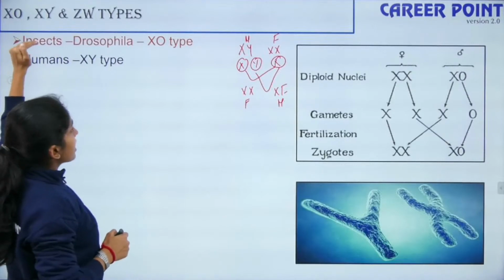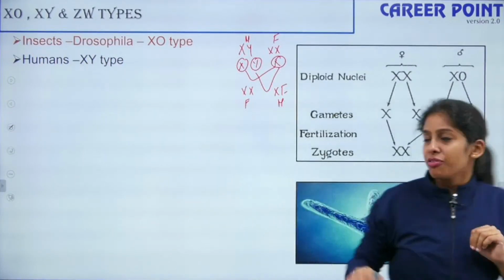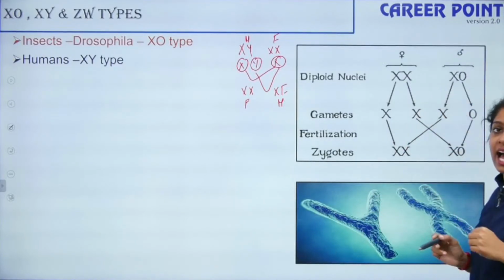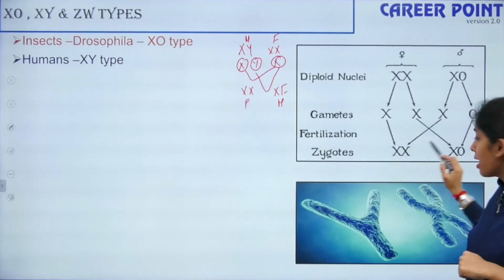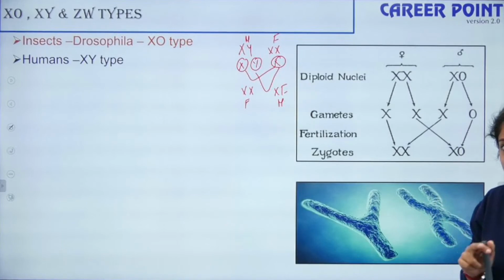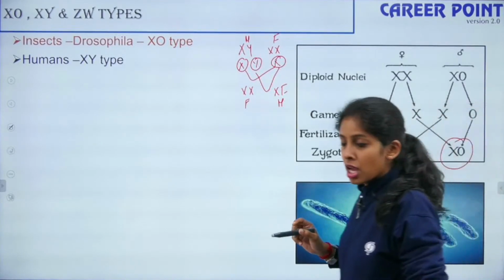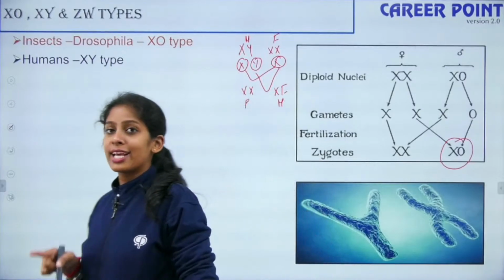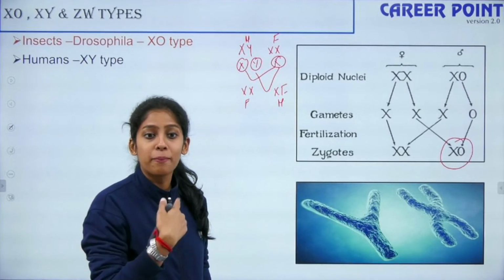In insects like Drosophila, they have the XO type. The females have XX and the males have XO. By the fusion, if you have XX, it is female; XO, it is male. Since the male sex chromosome is heterozygous, the sex is determined by the male. So in Drosophila, in insects, in humans, the sex is determined by the male.